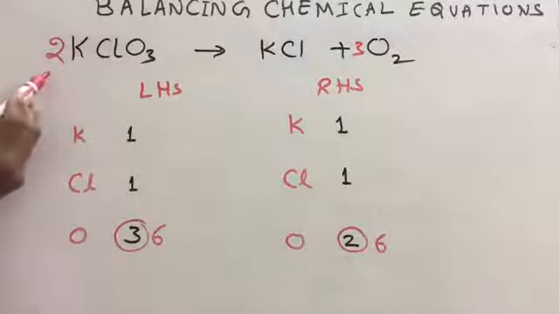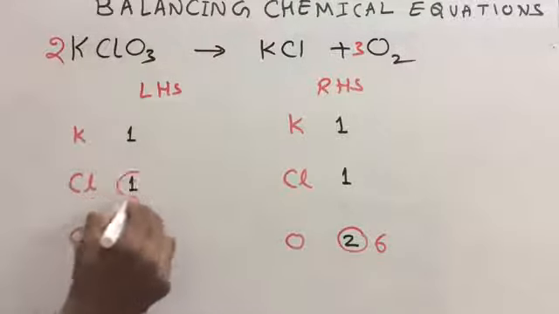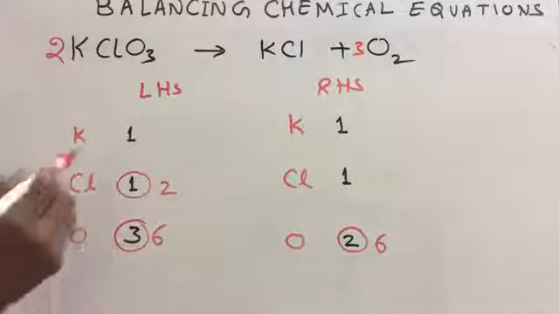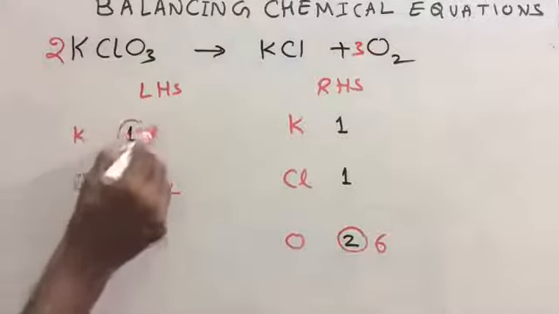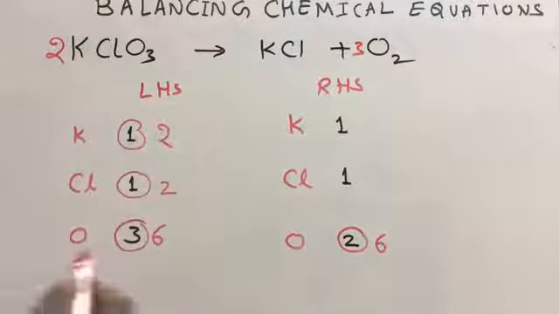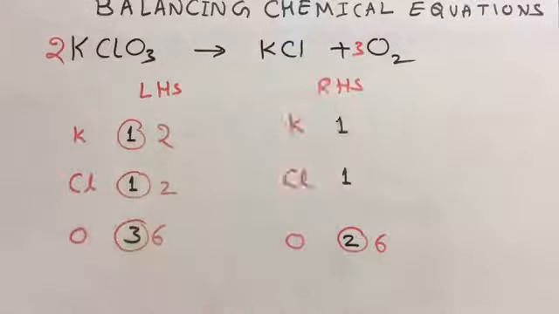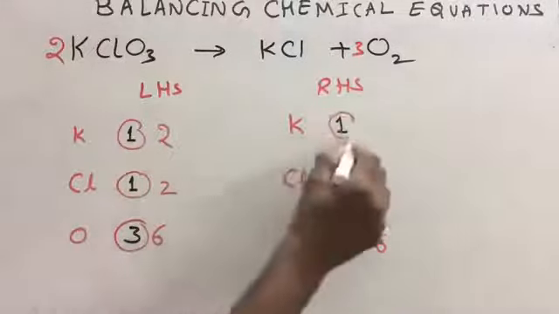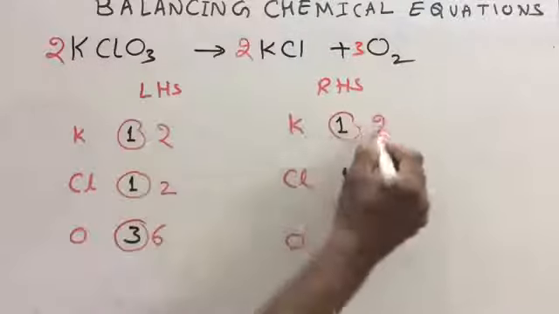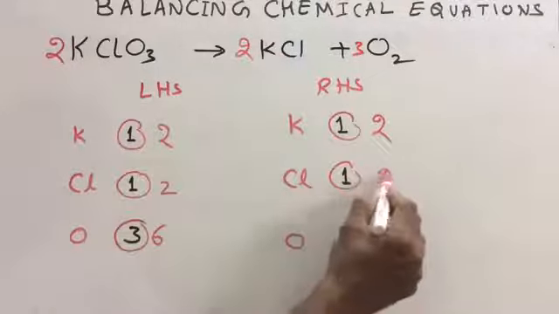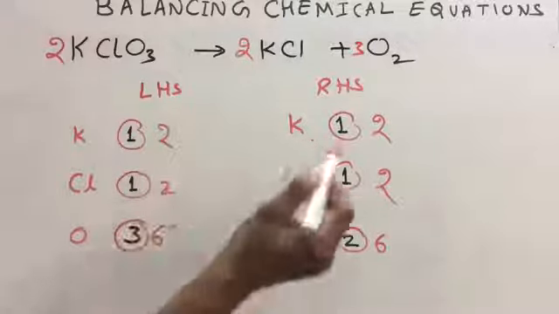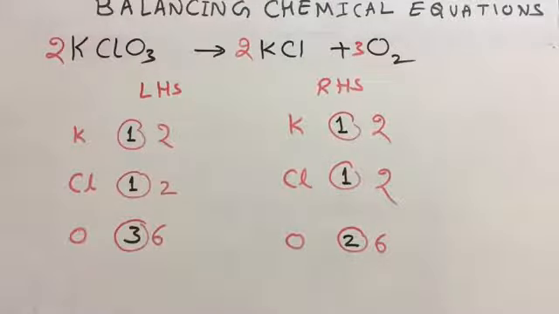So chlorine now became 2, and potassium became 2. Here we have chlorine that is unbalanced, then multiply with 2. So you will be getting 2 potassium as well as 2 chlorine. 2, 2, 6; 2, 2, 6. That means the equation is balanced.